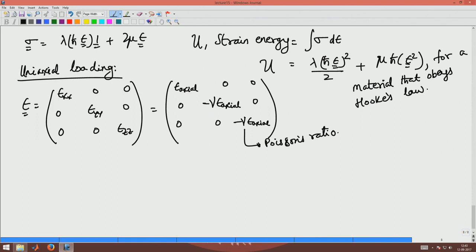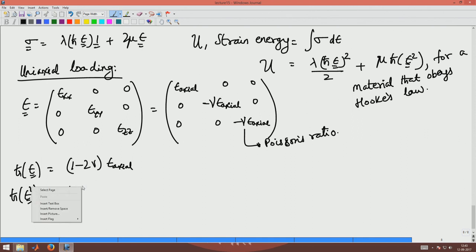Okay. Now, what will be u then? What is trace of epsilon? Trace of epsilon is 1 minus 2 nu times epsilon axial, okay, and trace of epsilon squared would be 1 plus 2 nu squared times epsilon axial squared.